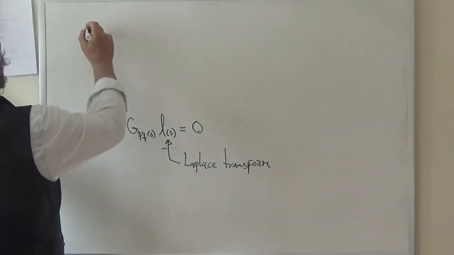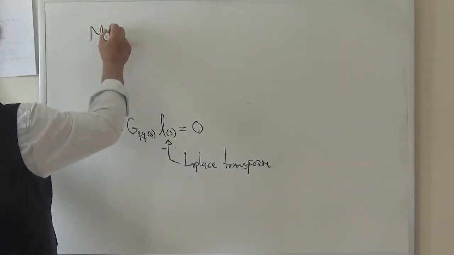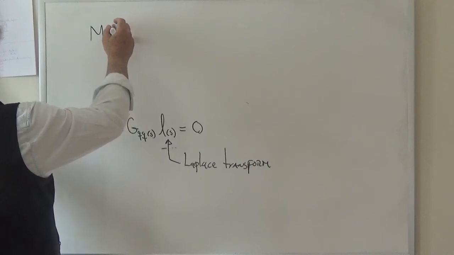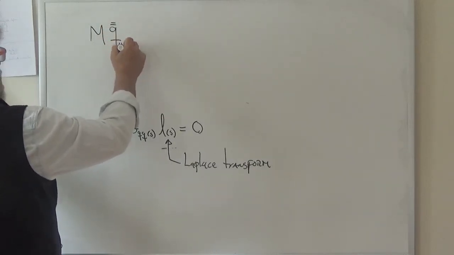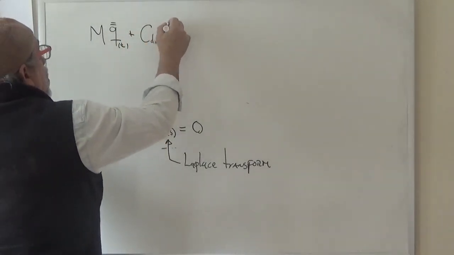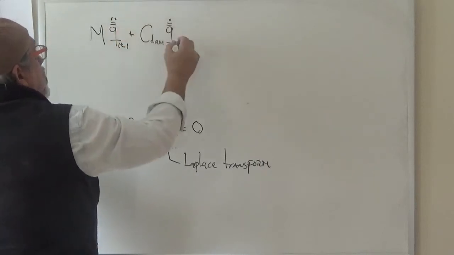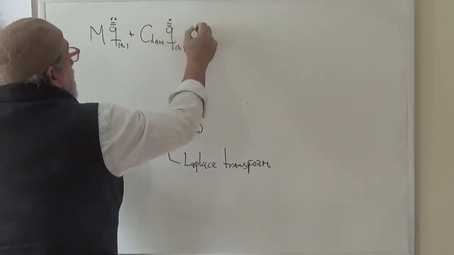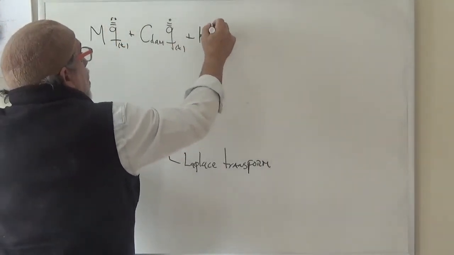So imagine that you have, again, M q double dot(t) plus C damping times q dot(t) plus K times q(t).